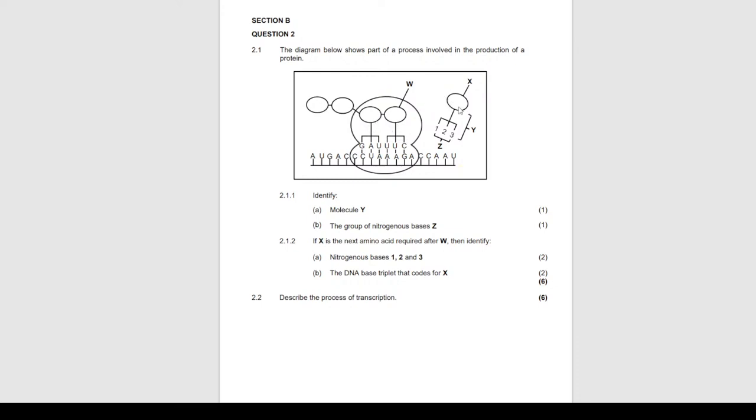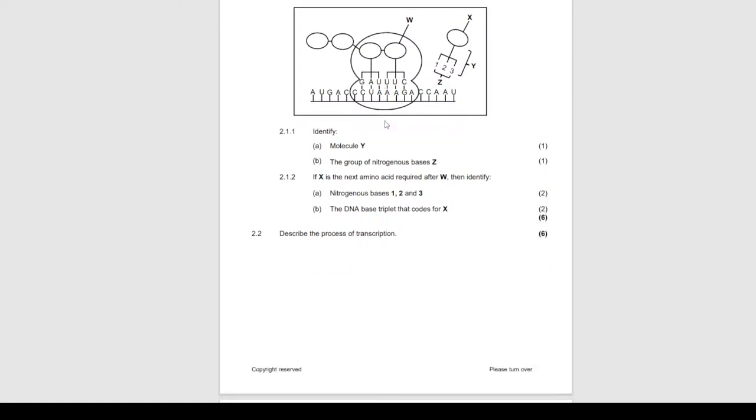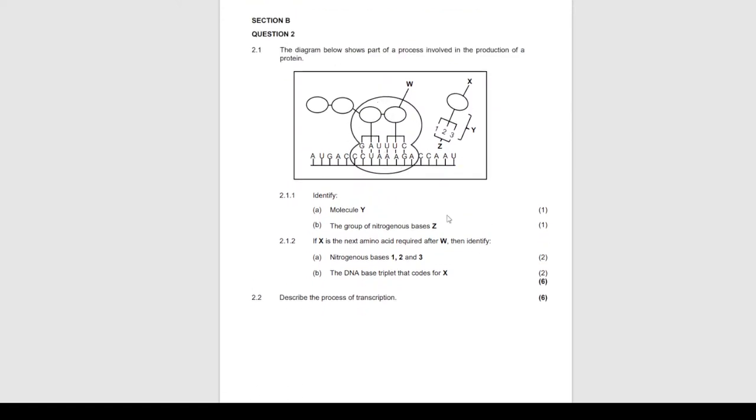What is X? It is an amino acid. What is Y? It is transfer RNA. That's what I said yesterday, that in most cases when I bring this transfer RNA, they ask you what this is. What is Z? Z is the anticodon. And once you see a ribosome, it means that this is translation.